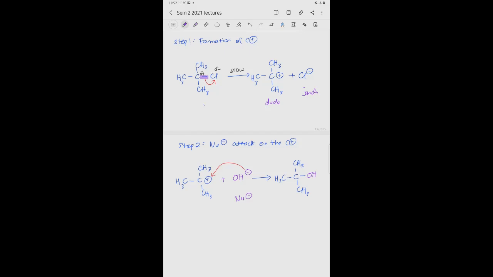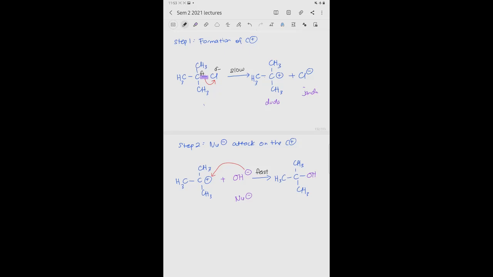Then the second step, nucleophilic attack. The dude meets somebody and he likes her. So when you want to make any bond, you have to do it fast. I forgot to put the rate of reaction there. When you want to make a new bond, a new relationship, make it fast, so that nobody will take her or him before you.